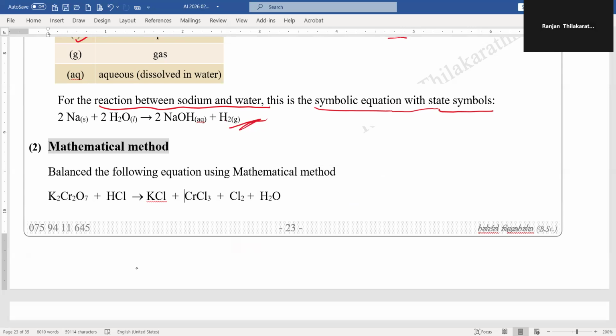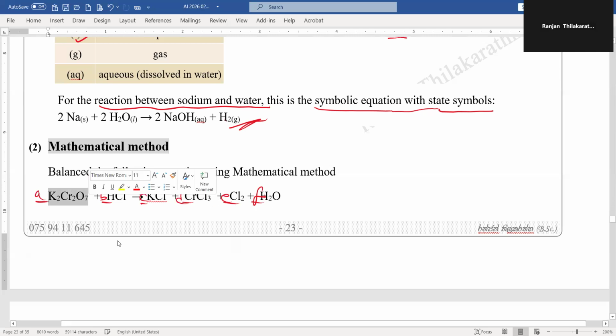As we don't know the stoichiometric coefficient, that means the number we find in front of any chemical species in a given reaction, I just assume that it has A, B, C, D, E, F. Then you get the relationship. How? The number of atoms on both sides has to be the same.